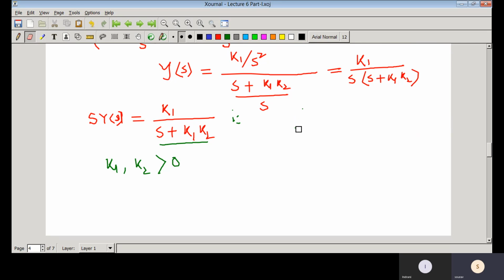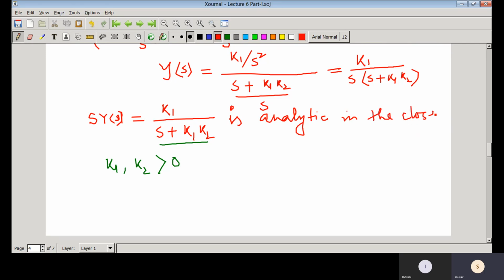This one is analytic on the imaginary axis as well as on the right half of the S plane. It is analytic in the closed right half of the S plane.